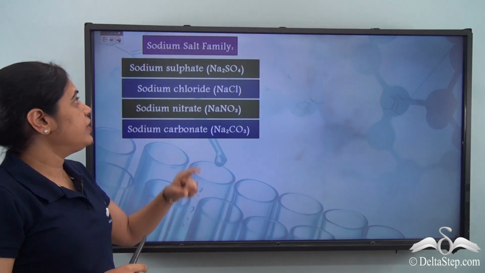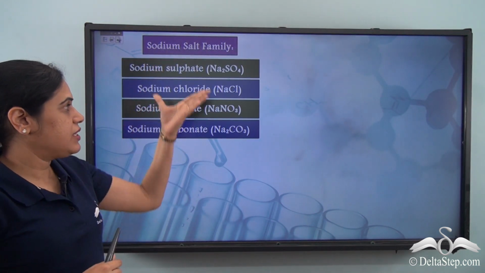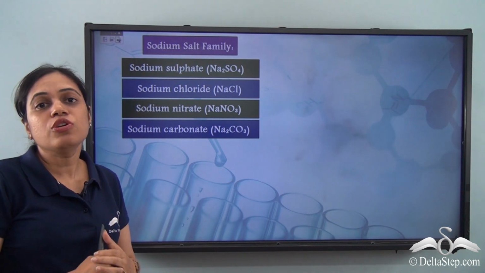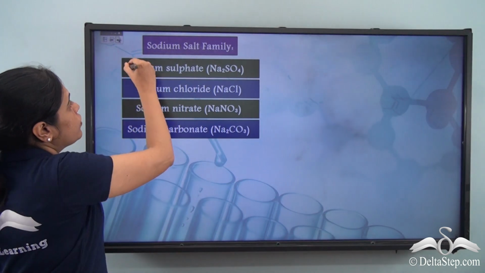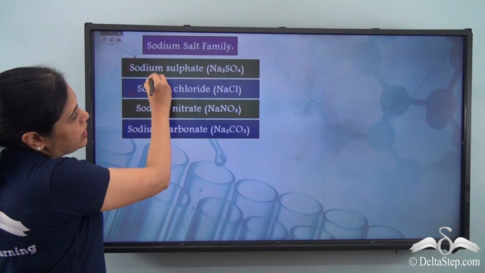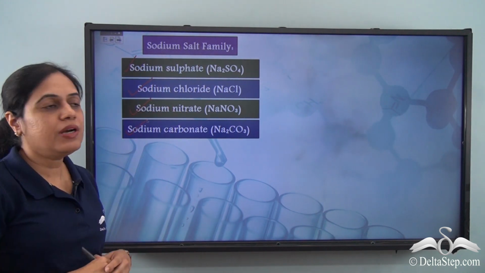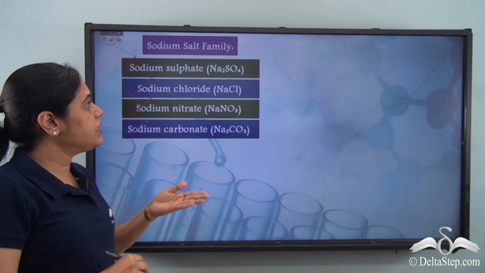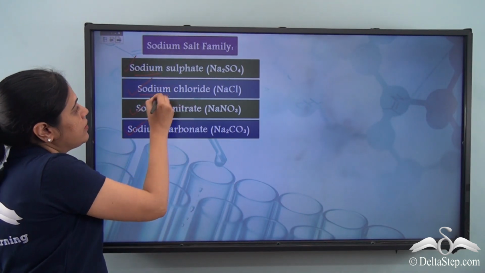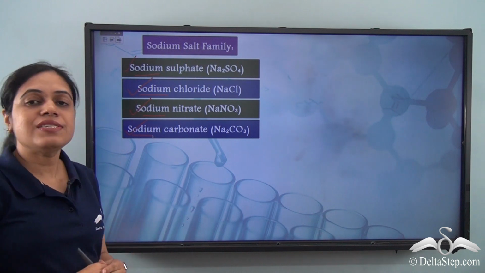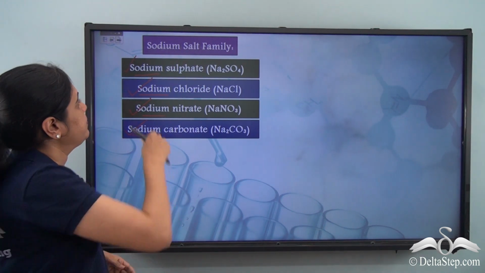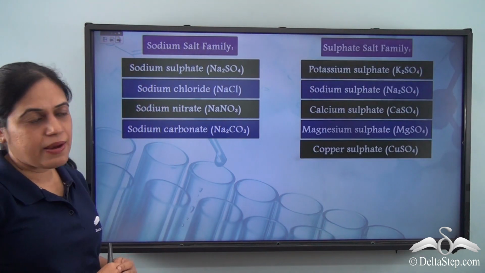So for example, these are the salts belonging to the sodium family: sodium sulfate, sodium chloride, sodium nitrate and sodium carbonate. All these salts have sodium as the common ion. Let us look at another family.